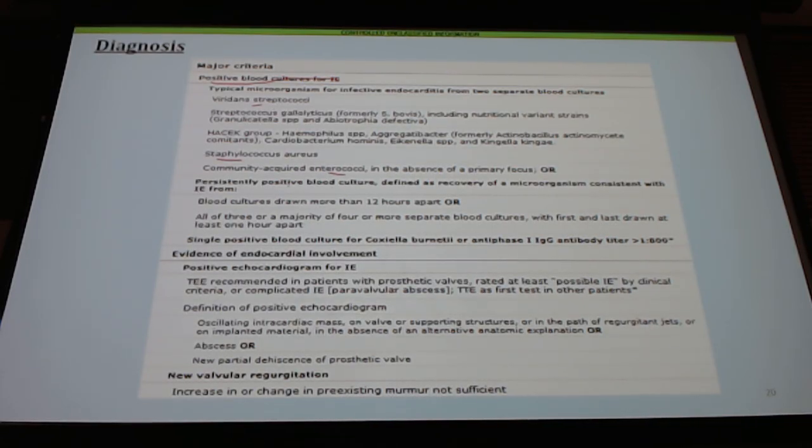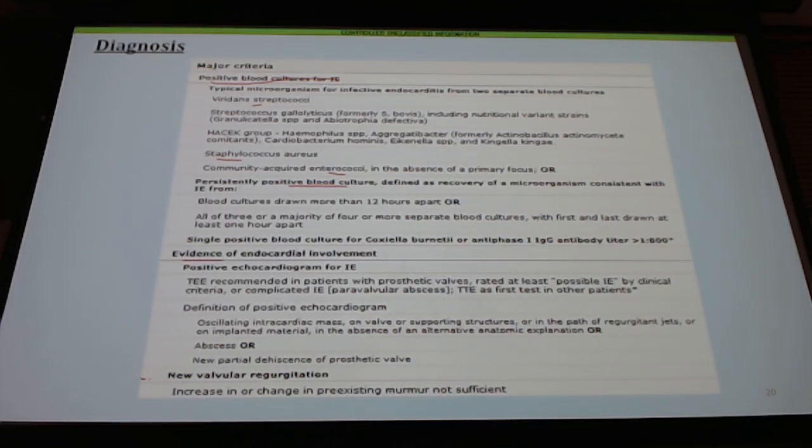If they have a persistently positive blood culture, so we kind of talked about that. If they have evidence of endocardial involvement, that being another major criterion. So if you do an echo and you see a vegetation, it doesn't matter what else they have as far as number of symptoms and other criteria, because they have infective endocarditis, right? If you see a vegetation, then they meet at least a major criterion for infective endocarditis.